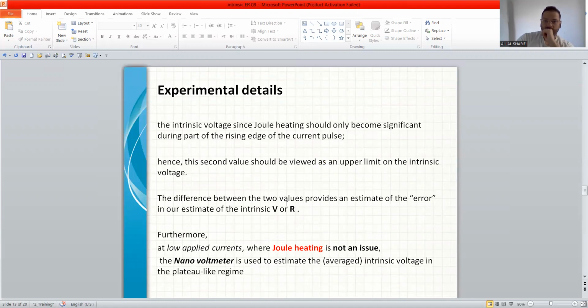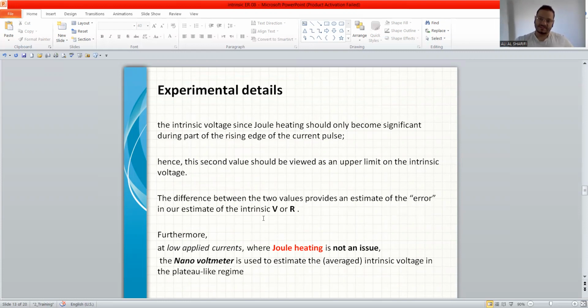The difference between the two values provides an estimate of the error, like I said before, and our estimate of the intrinsic voltage or resistance. Furthermore, at low applied current, Joule heating is not an issue. It's not important.